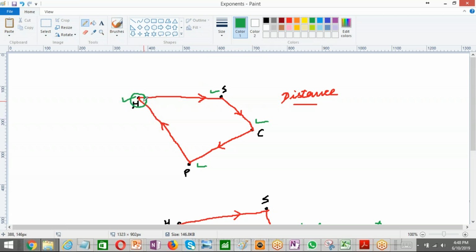The final position is the same as the initial position. In this case, the final position minus initial position will be 0. There is no distance between them. So it doesn't matter how much distance you have covered in the whole day. The total displacement of a round trip will always be 0.